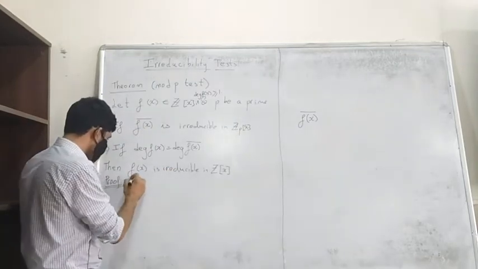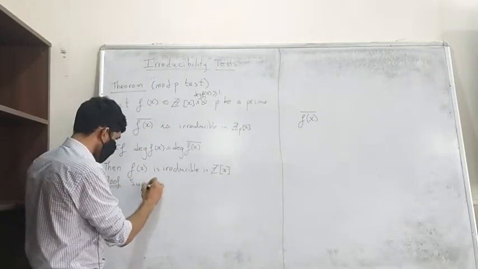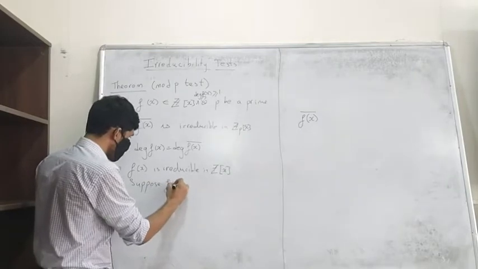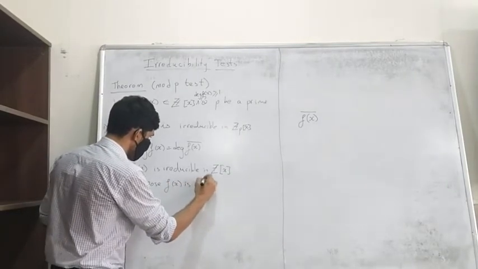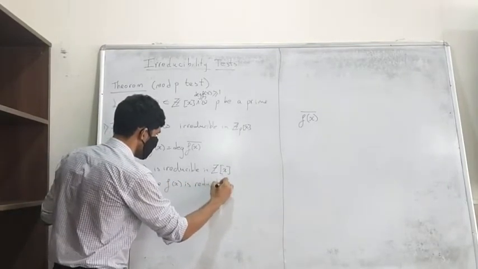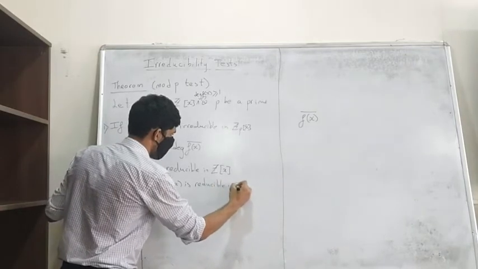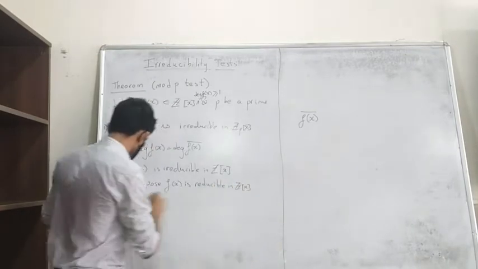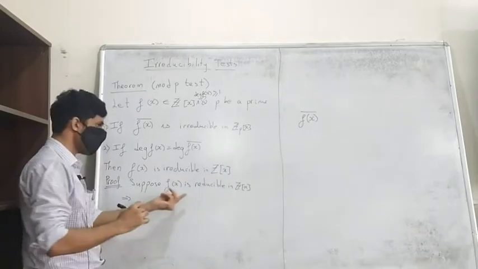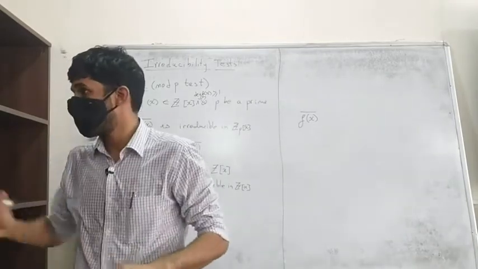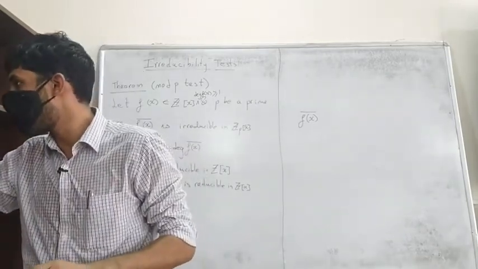So suppose f(x) is reducible in Z[x]. What does this mean? This means that we can find two polynomials in Z[x].